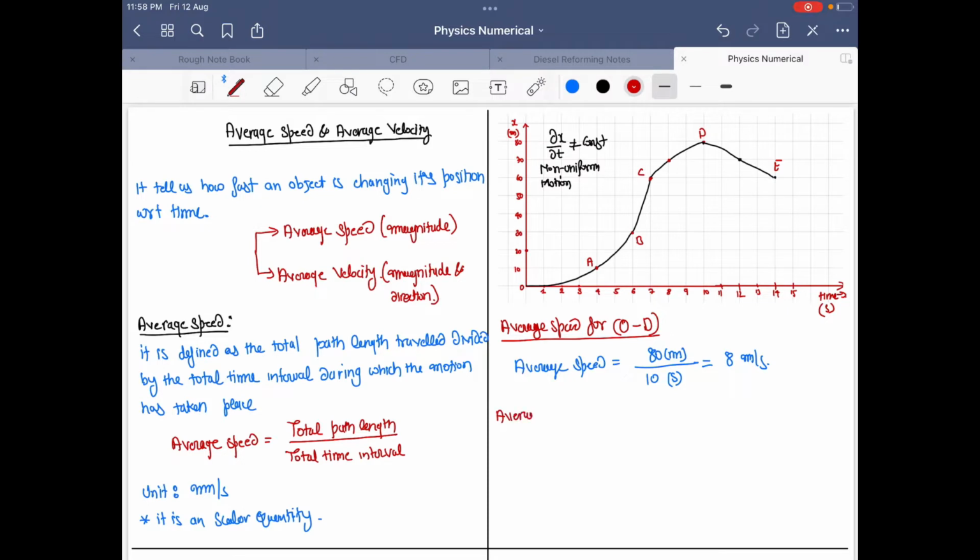Now let's again calculate the average speed for a journey O to D and then D to E. We wanted to calculate the average speed of an object when it travels from O to D and from D to E. So what will be the average speed?